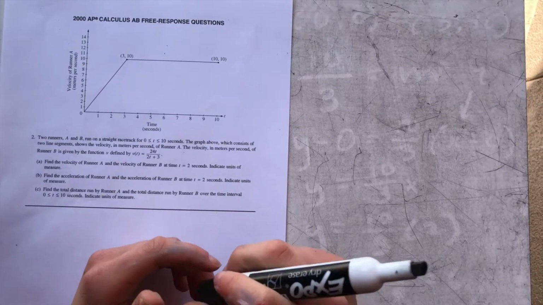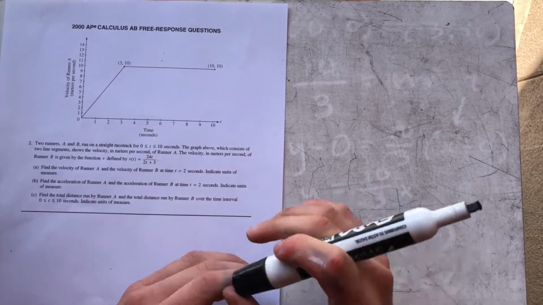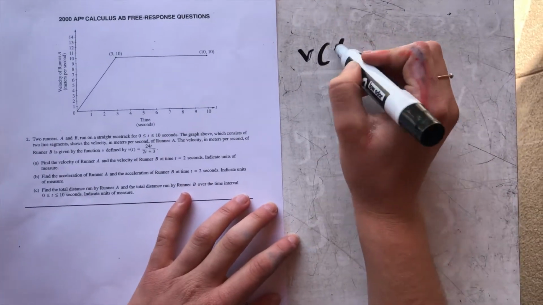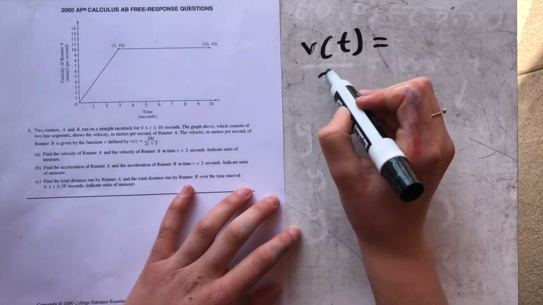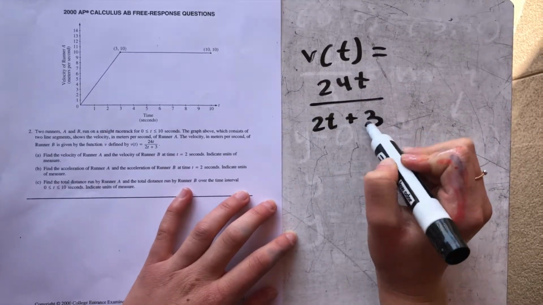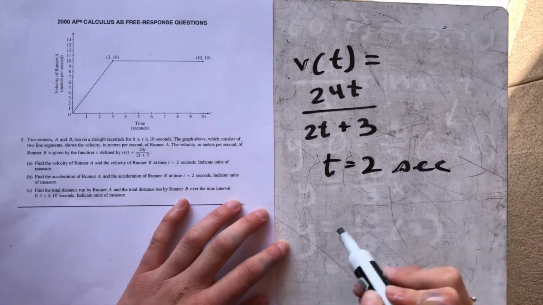Finding the velocity of runner B at time equals 2 seconds is significantly easier than for runner A because you have the equation. The equation is v(t) equals 24t over 2t plus 3, and you are solving for t equals 2 seconds.